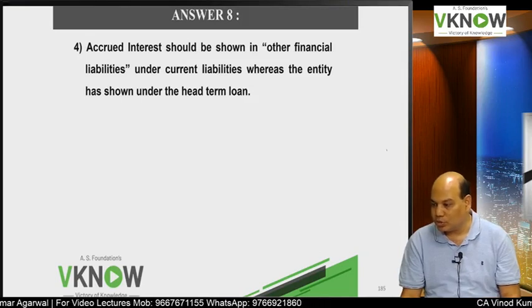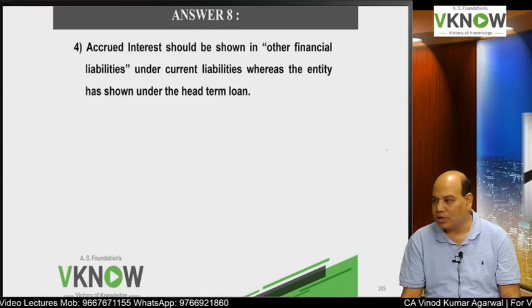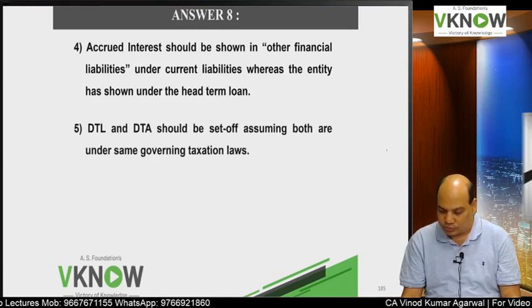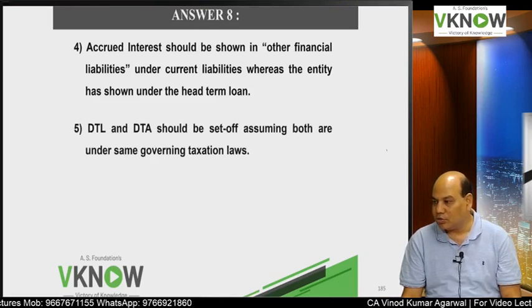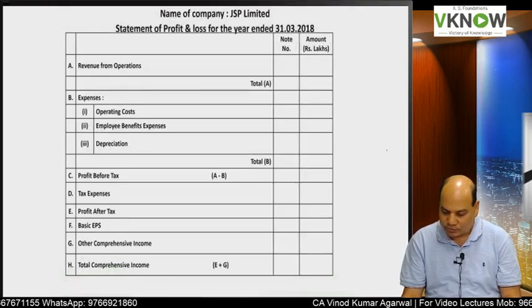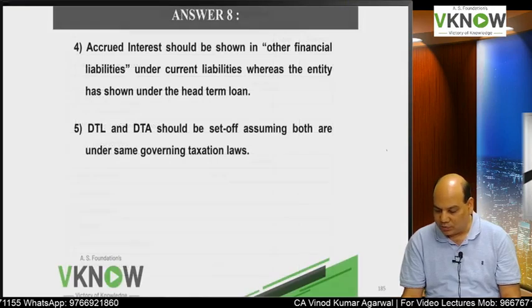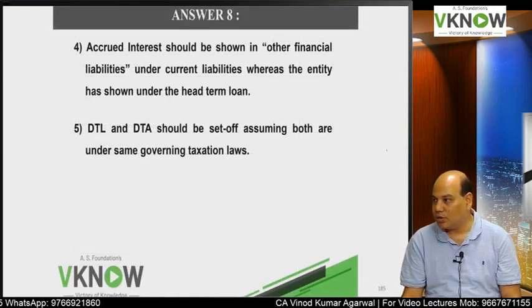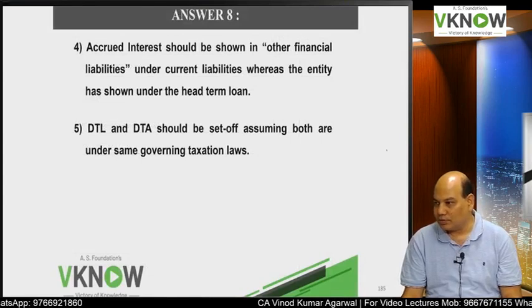Interest accrued will be shown in other financial liability under current liabilities, whereas the entity has shown it under the head term loan. Then DTA and DTL should be set off, assuming that both are under the same governing taxation laws. More about DTA and DTL we will discuss in a subsequent chapter on Day 12.